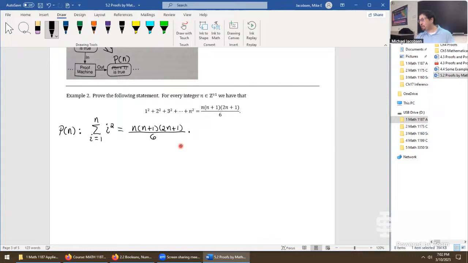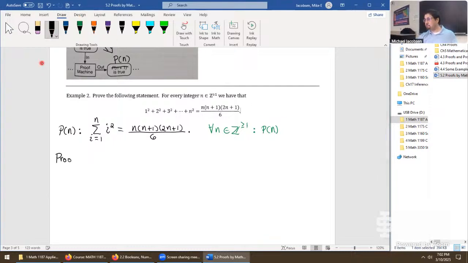Who came up with that is a really interesting question, I think. But at least we get to do the proof of this statement. What we're really proving is that for all n in Z greater than or equal to 1, coming from up here, the original statement P of n is true. So that's what we would like to prove.